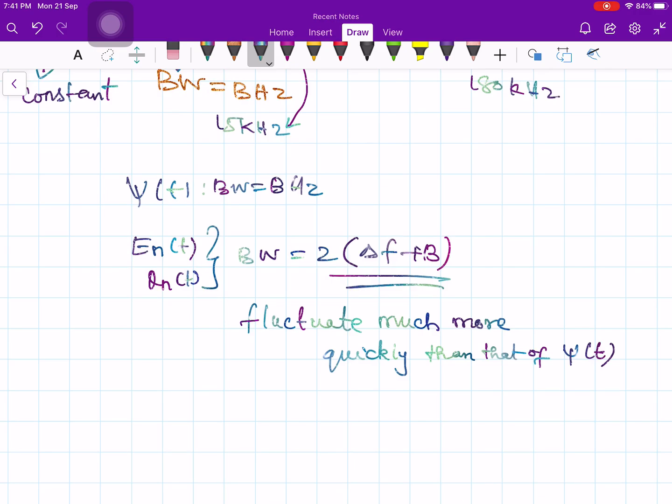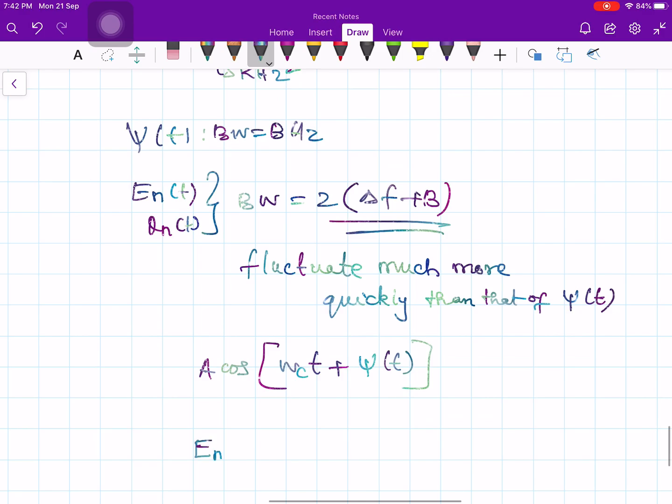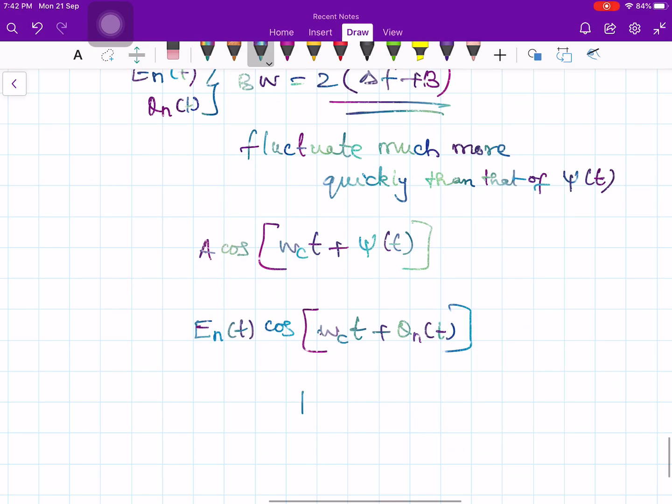If I go a little fast, it is difficult to understand. A times cos of omega ct plus psi of t, and then you have e suffix n of t cos of omega ct plus theta n of t. What I am saying is, you take a small interval of time, let us say capital T seconds. In this capital T seconds, your psi of t is almost constant, but psi of t is also changing.